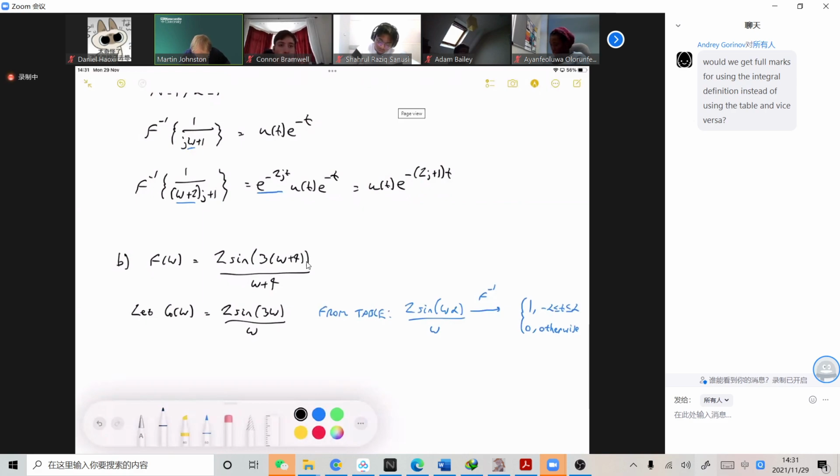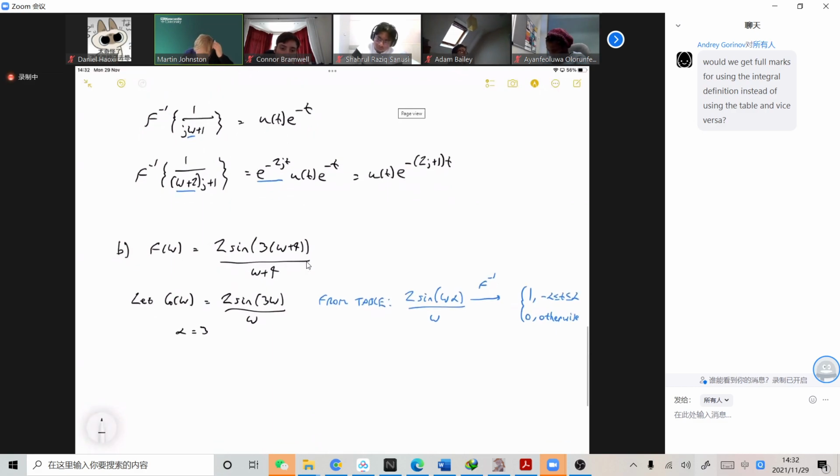So obviously, in this case, alpha equals 3. The inverse Fourier transform of 2 sine 3 omega over omega is going to be equal to 1 between t equals minus 3 and t equals plus 3 and 0 otherwise.